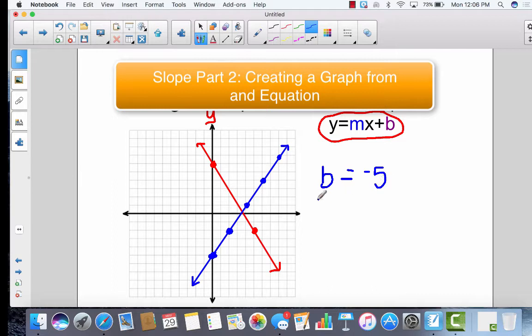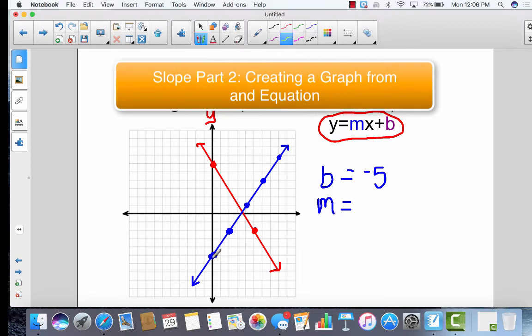Looking at this line, I know that it's going to be a positive slope because my line is moving up from left to right. So I'm going to start, I could pick any point to start at, and I'm going to count how many jumps it takes to get from this point to the next point on my graph.